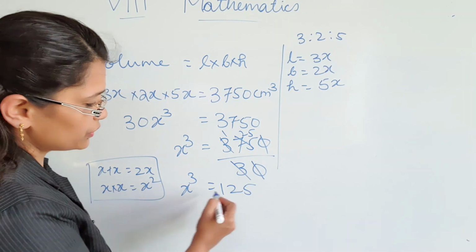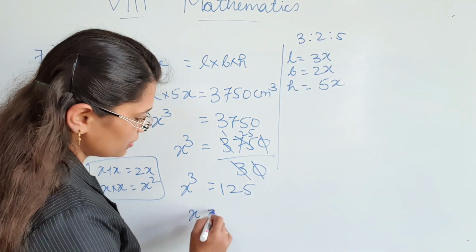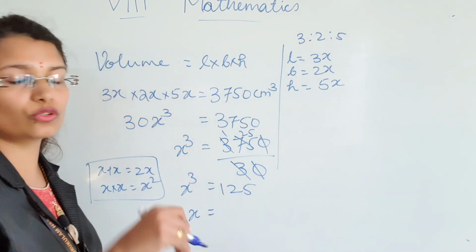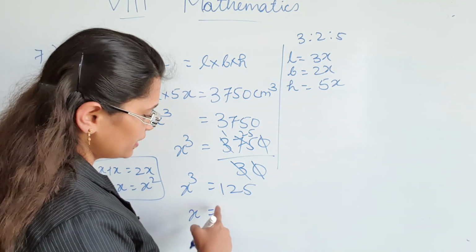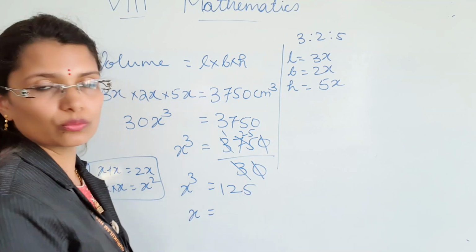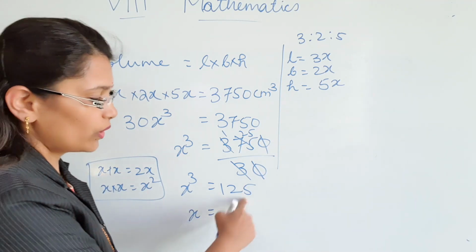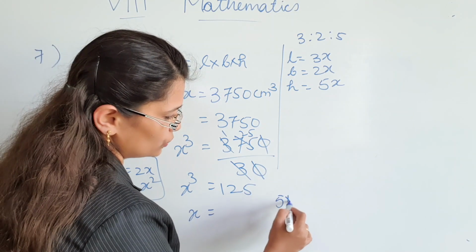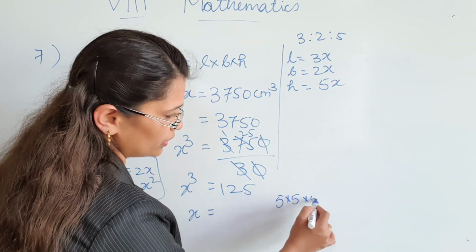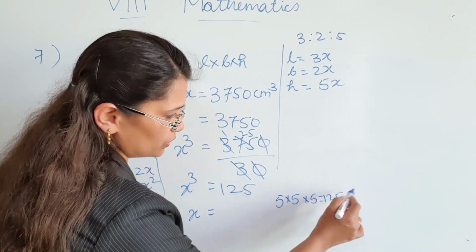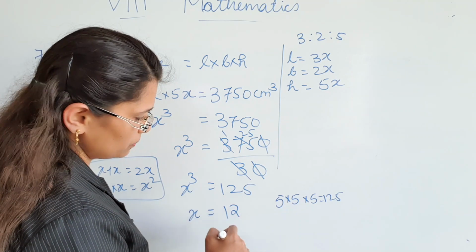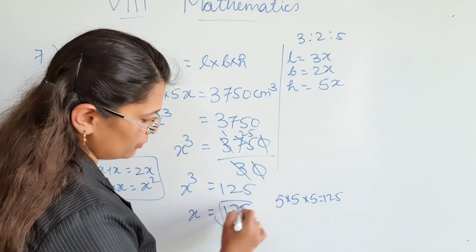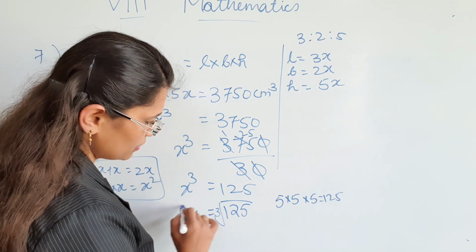Like that, here x cube is equal to 125, so x is actually the cube root of 125. That you will learn in higher grades. But here we need which 3 numbers you multiply to get 125. So 5 into 5 is 25, 25 into 5 is equal to 125. You can check like this. You don't need to write this step.